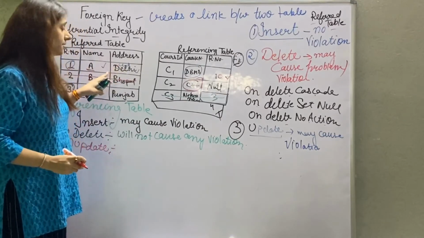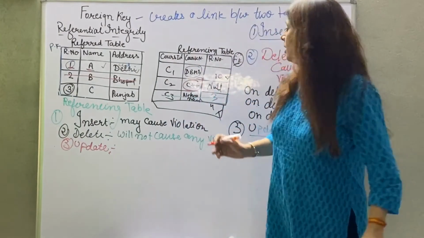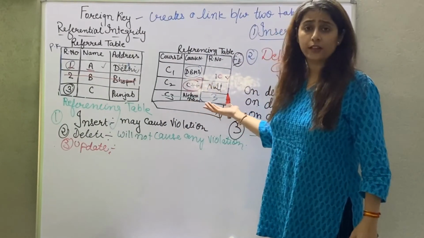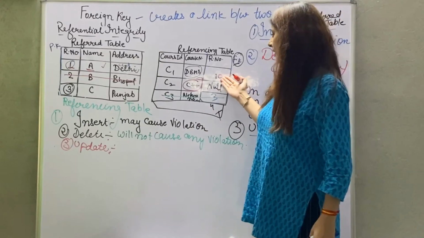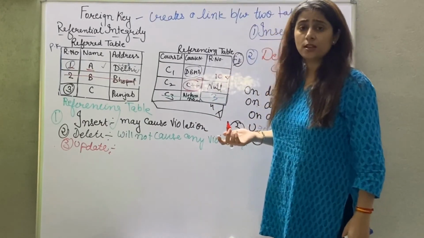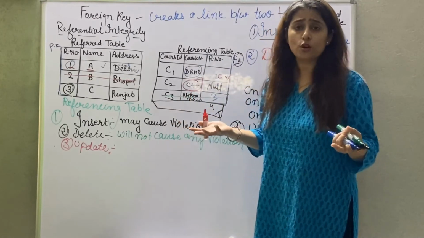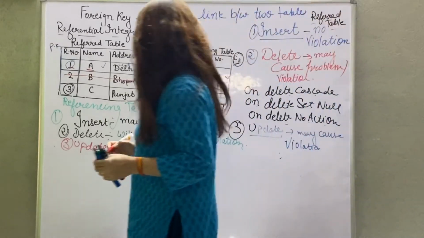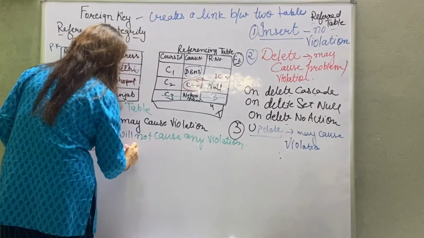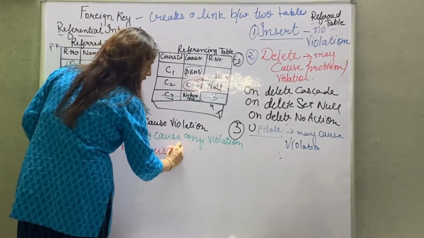He has taken admission here, but according to this table there is no child of roll number 1, because here I have updated it to 10. So roll number 1 exists nowhere according to this table. So it may cause a problem, a violation.